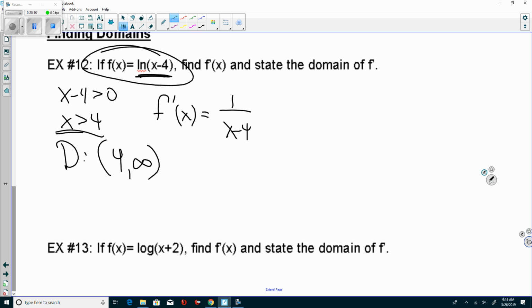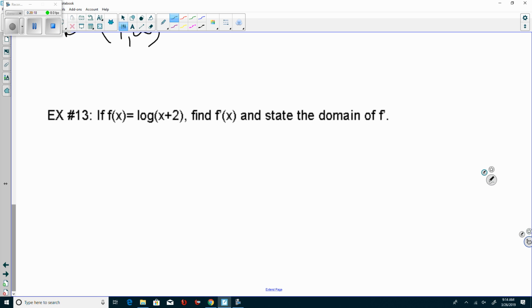And then stay in the domain of f prime. Okay, so a lot of things to talk about here. First things first, x plus 2 greater than 0. X greater than negative 2. Domain restrictions. Okay. Now, what do we have?